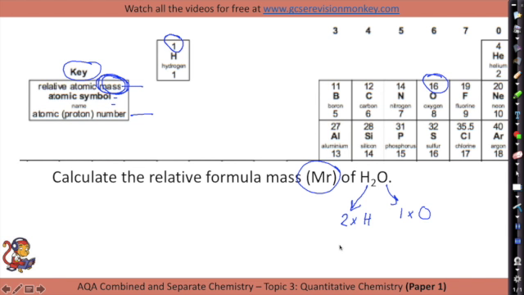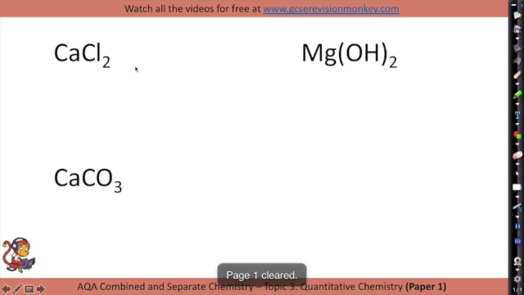So to calculate the relative formula mass, we would do 2 lots of 1 and add that to 1 lot of 16. And that will give you the relative formula mass of 18. And we're going to do exactly the same thing now with some other examples. So you'd use your data sheet again to find out the masses of these.